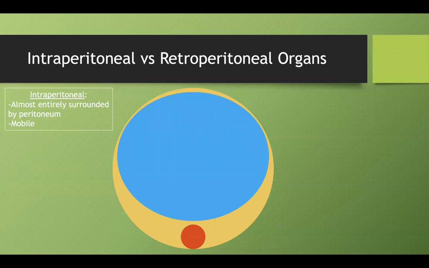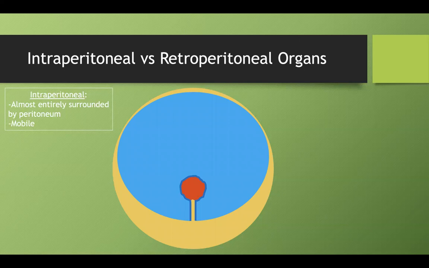Think about the organ as if it was your hand and the peritoneal cavity was a balloon. You're trying to push your hand into a balloon without popping it. So this organ will migrate into this balloon without popping it. It's getting closer and closer, and soon enough, it's almost completely surrounded by peritoneum.